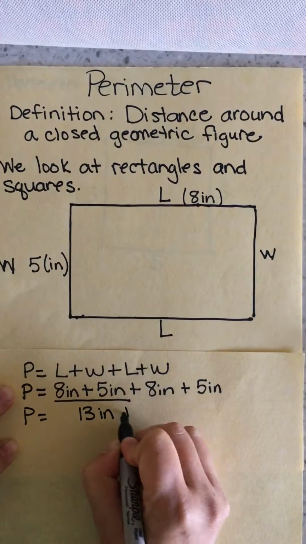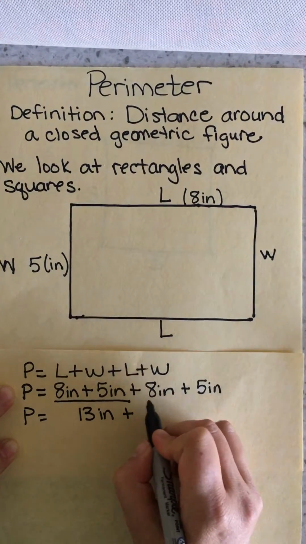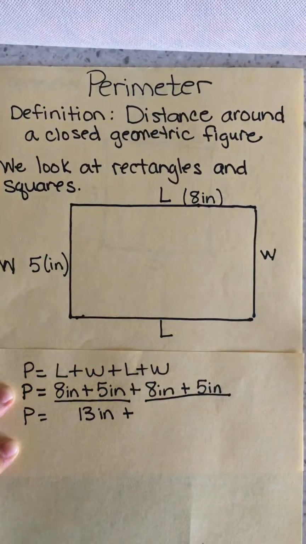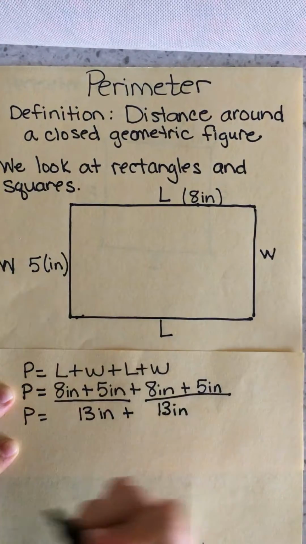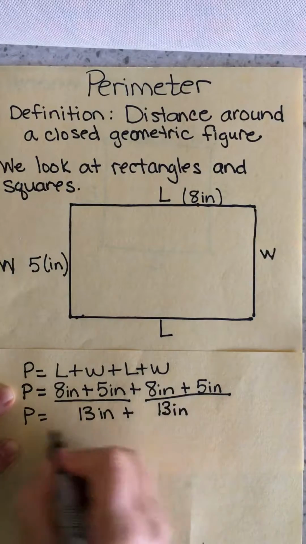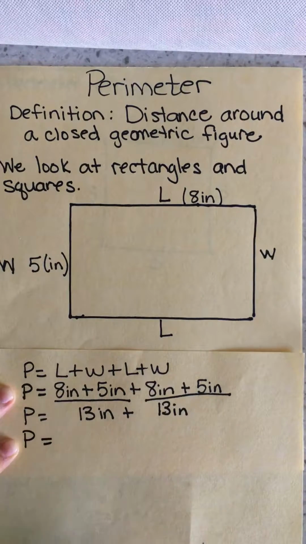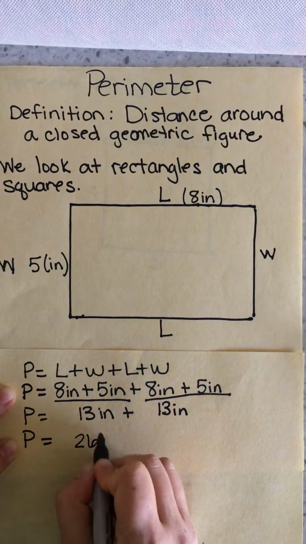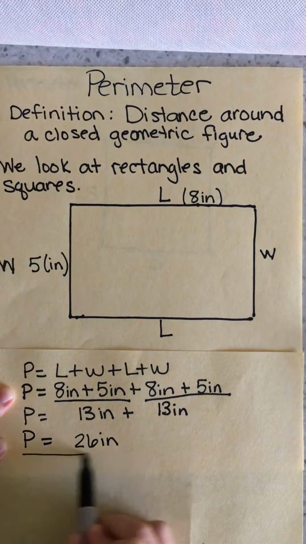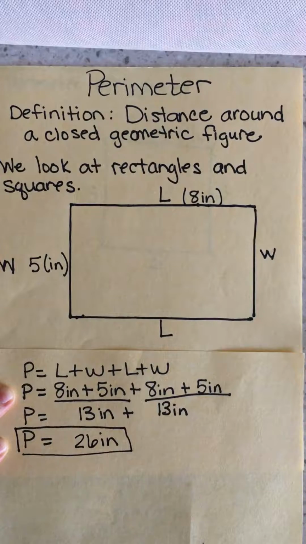And we work down because later on in math you will learn to work all your formulas down, even up through algebra. So it's just good to get used to it and then to keep labeling what you're doing. So P is equal to 13 plus 13, which is 26 inches. So the perimeter of this rectangle is 26 inches.